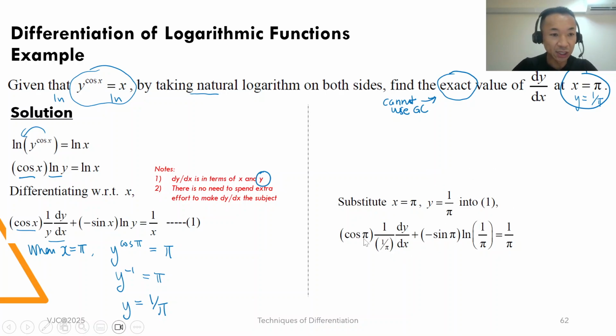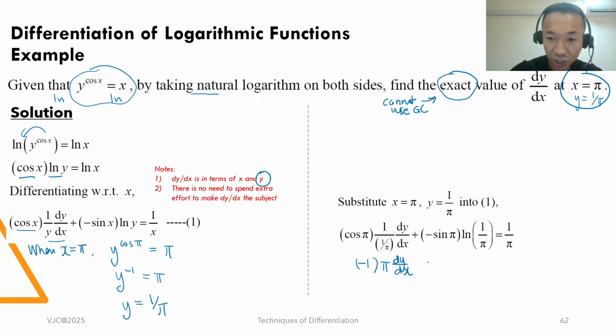Not difficult, it's just a simple substitution. Pi in, 1 over pi in, pi in, 1 over pi in, pi in, and you simplify. What do you get? Now cosine pi is negative 1, so we have a negative 1. Yes, 1 over pi, you get pi dy/dx.